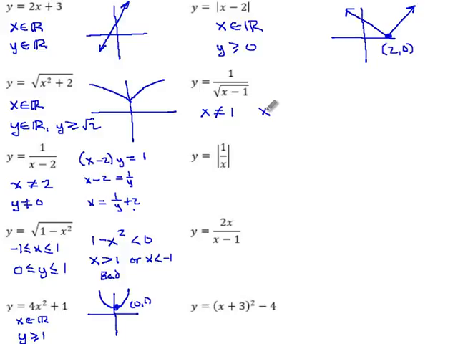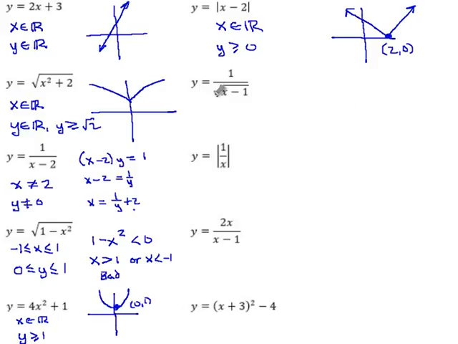Also, if x minus 1 is negative, then the square root will be undefined. So x minus 1 less than 0 would be bad, meaning x less than 1 would be bad. So x can't be 1 and x can't be less than 1 either. Basically, we need x to be higher than 1, or else this expression is not going to work.